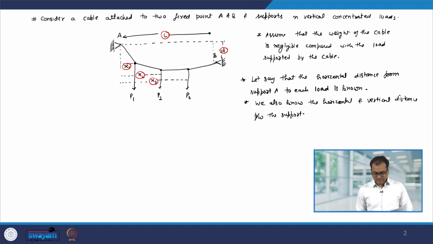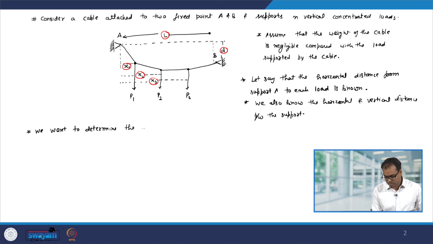So, in the problem statement these quantities are given, and what you have to find is, we want to determine the shape of the cable. Okay. And what is the meaning of the shape over here?